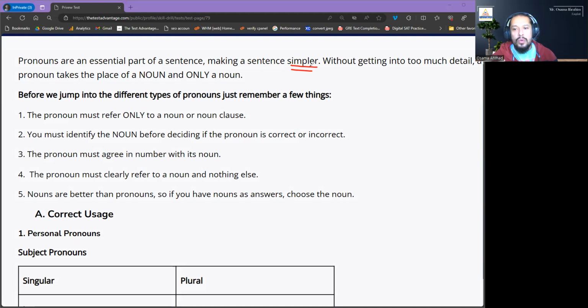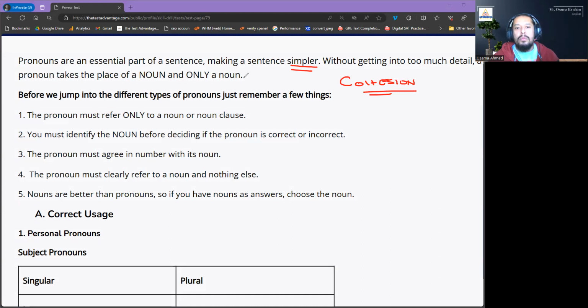So الpronoun نفسه it's responsible for cohesion of a paragraph. يعني إيه cohesion؟ For a paragraph to stick together. So pronoun is like glue. The pronoun is like glue. It sticks the paragraph together.